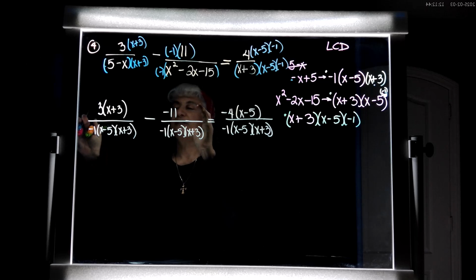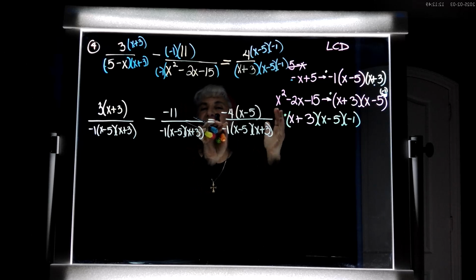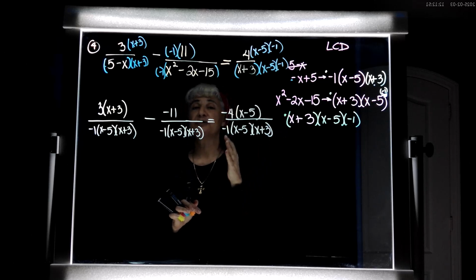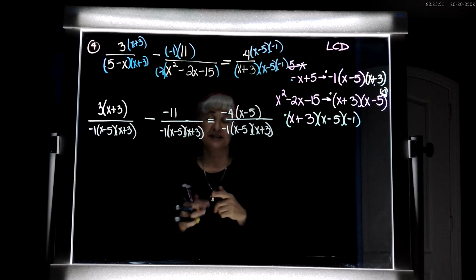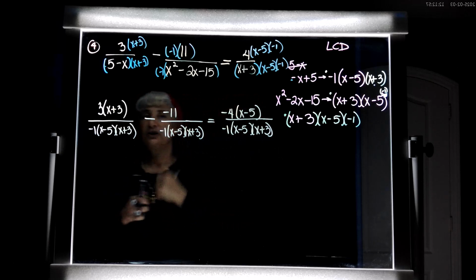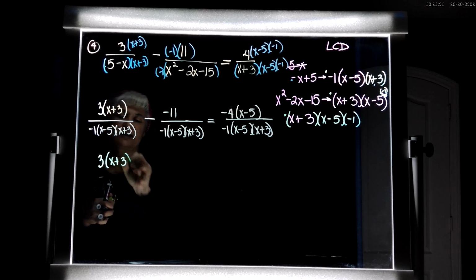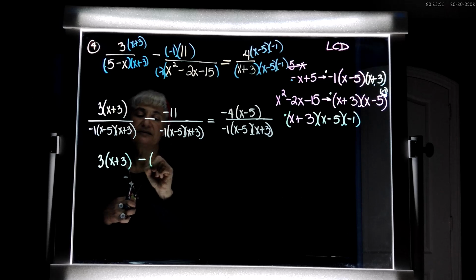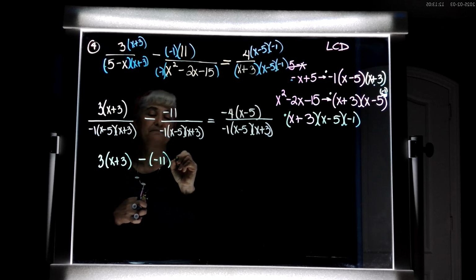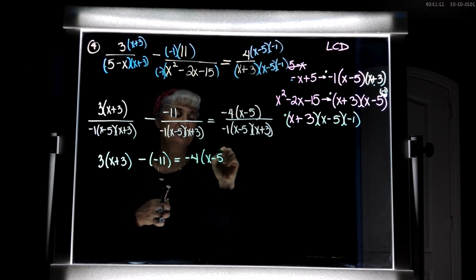I'm putting this side in parentheses and multiplying by the common denominator, and the same on this side. We're going to assume you can visualize that I've done that, and our result will be 3 times the parentheses of x plus 3 minus a negative 11, right, equals negative 4 times the parentheses of x minus 5.